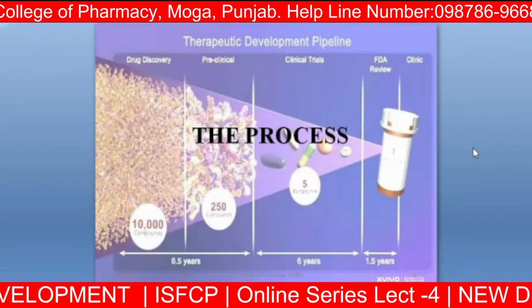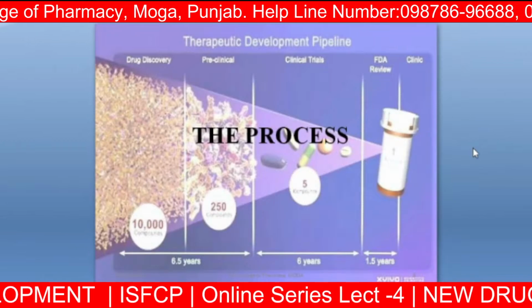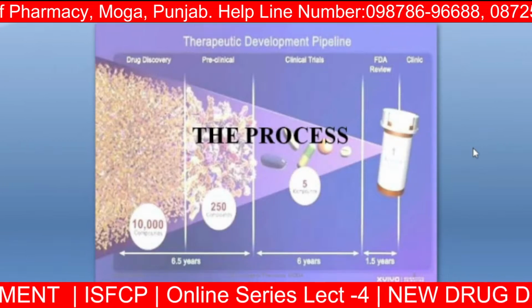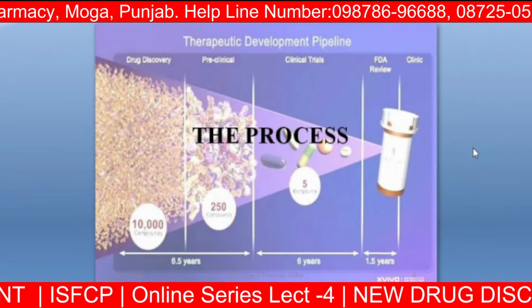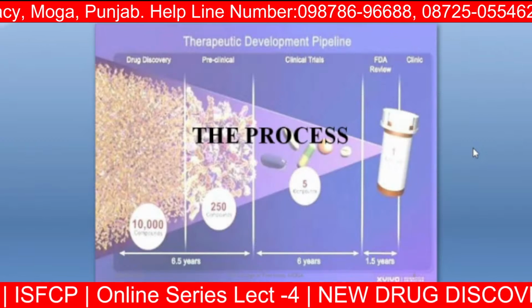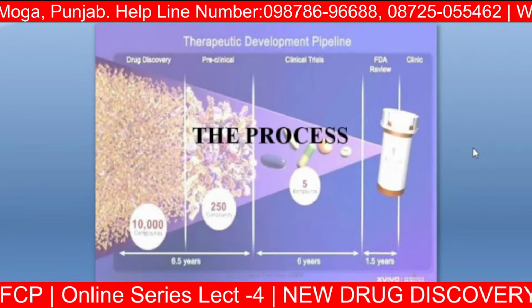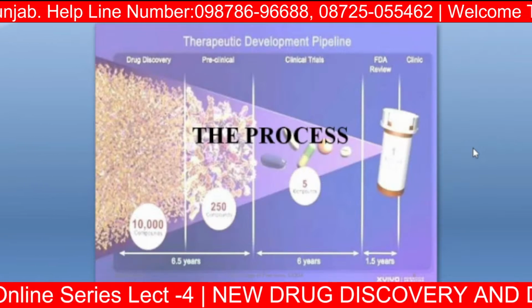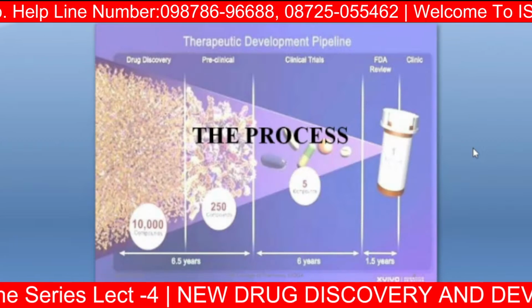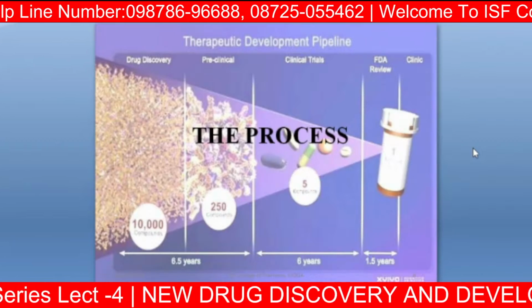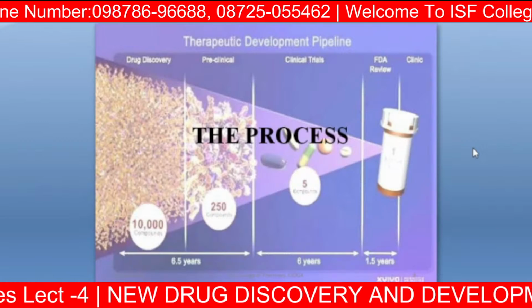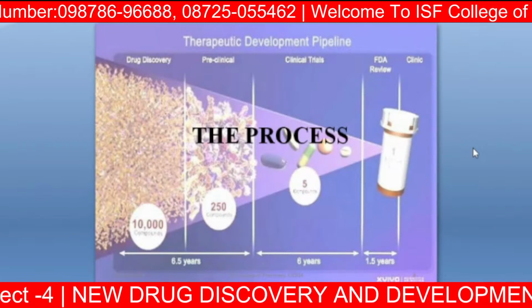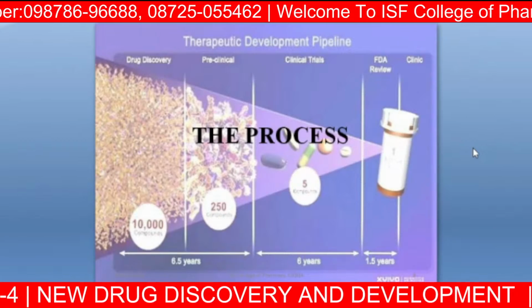Next is the process. First is drug discovery, second is preclinical, then clinical, then FDA review, and finally the drug will be available in the clinics. As I have discussed, I was taking the example of 100, but in figures, thousands or 10,000 compounds are working at the initial stage.